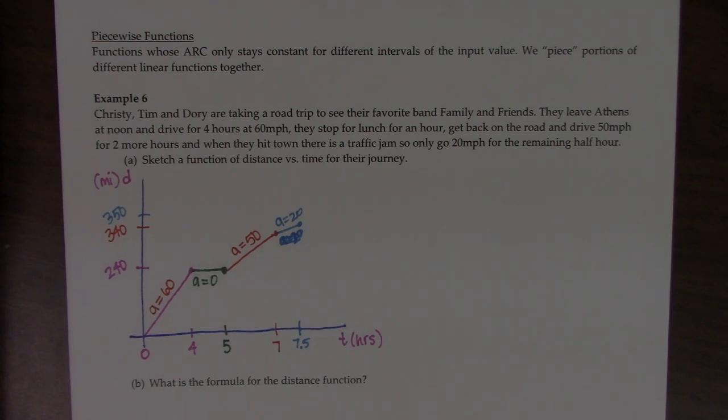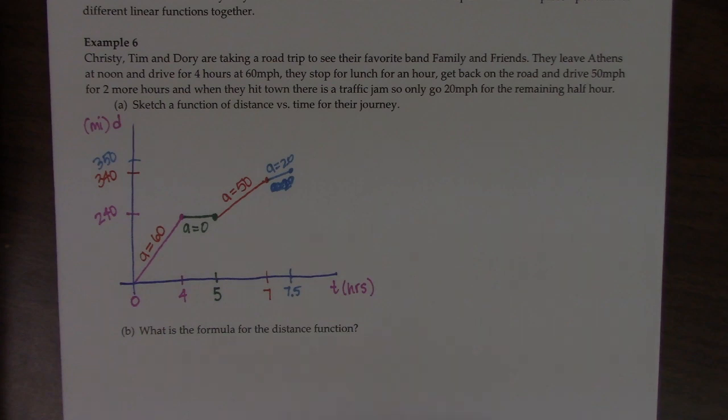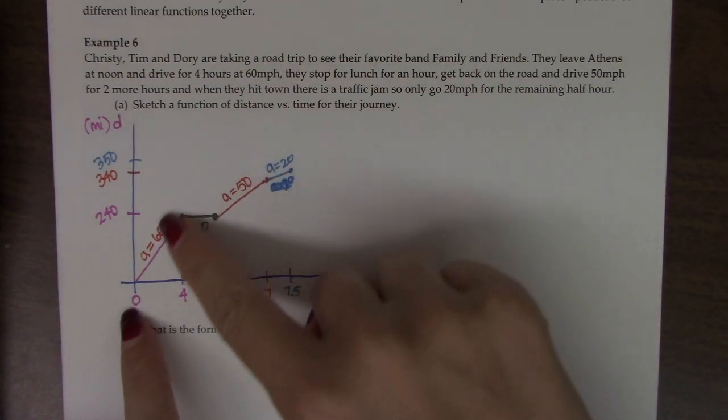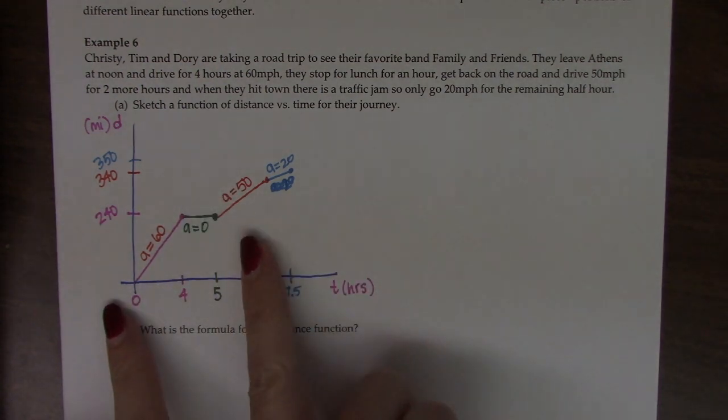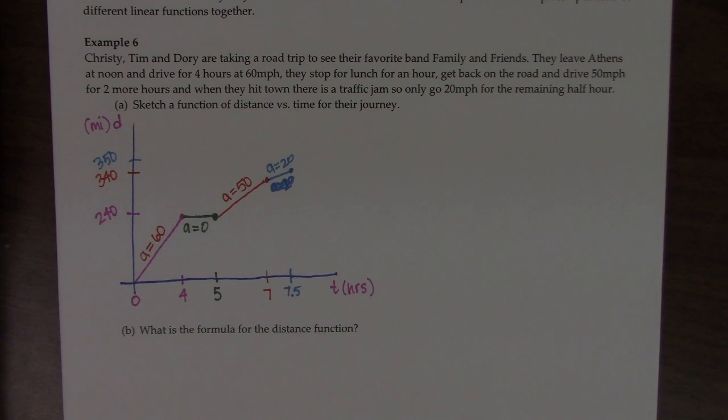So now we want to come up with a formula for this. The way a piecewise function works is we find the equation of the line. This line would actually do this if we let it continue. And then we crop it only to the portion that we want.